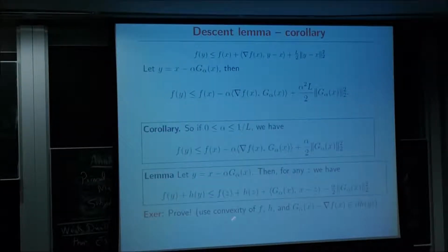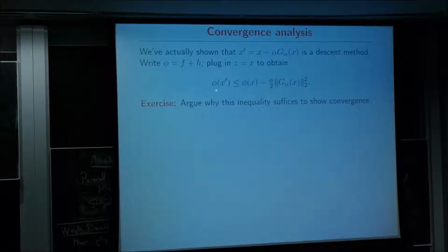So now just plug in z equal to x in that. That thing disappears. So you actually see that phi of x prime, or phi of y, is smaller than phi of x minus something that is positive. That's the nicest thing. So if you're sitting at x, you move to x prime, and alpha is small enough, you actually make descent.